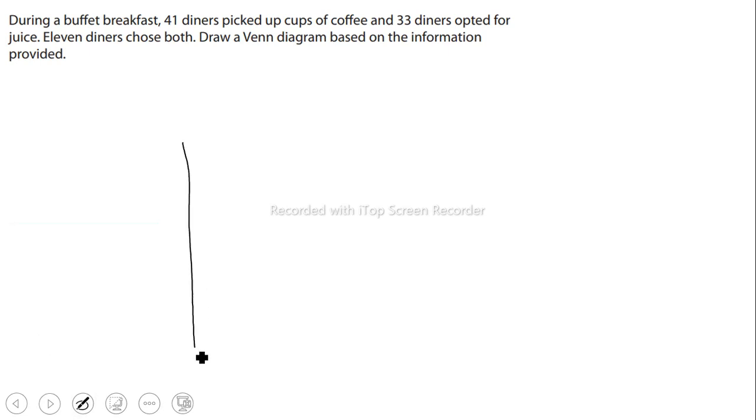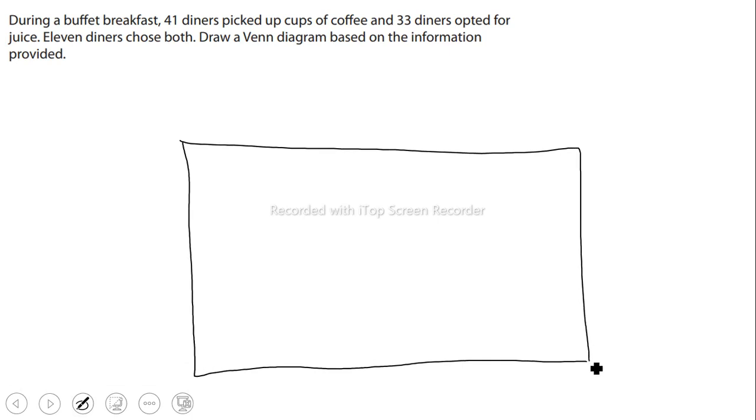So first I'm going to draw the box. Notice that they didn't tell us how many diners in all, but we do know how many were in both. So 11 was in both. Let's make sure I put our universal set. The first one says 41 diners opted for coffee.